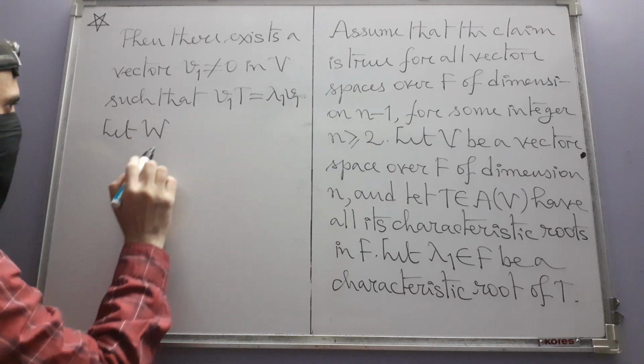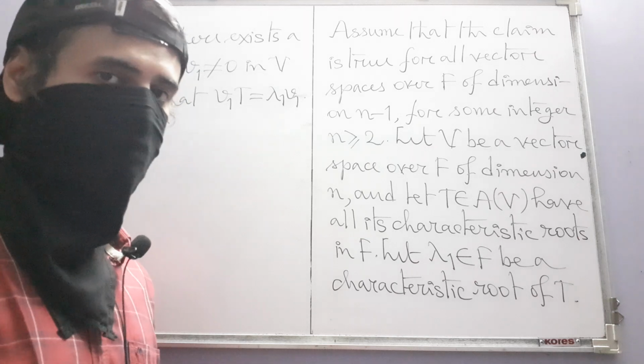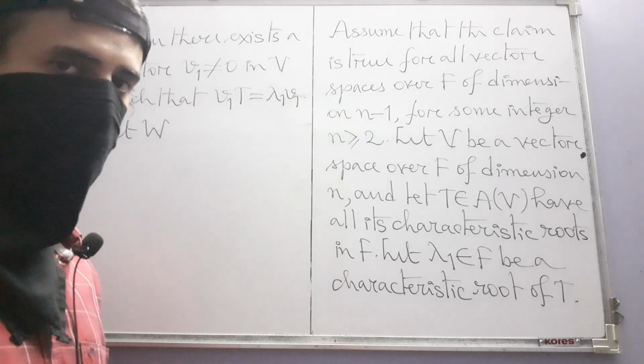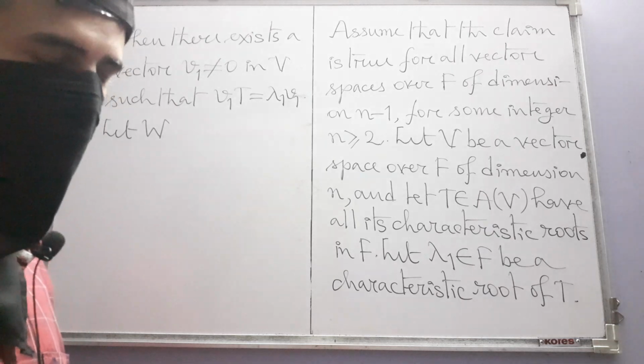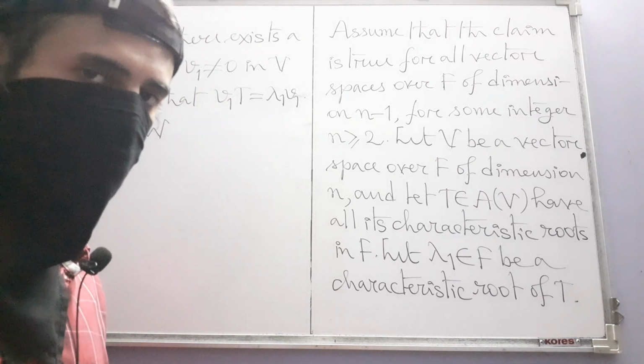So now next we consider the subspace of V spanned by this single vector V1. V1 is a non-zero vector. Actually, it does not matter. If any vector you have, it will span some subspace.